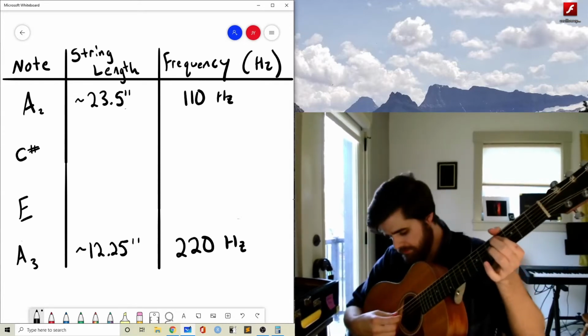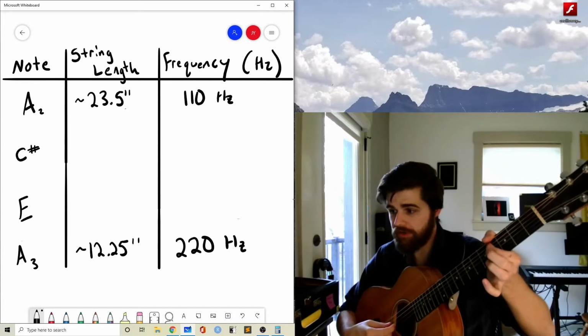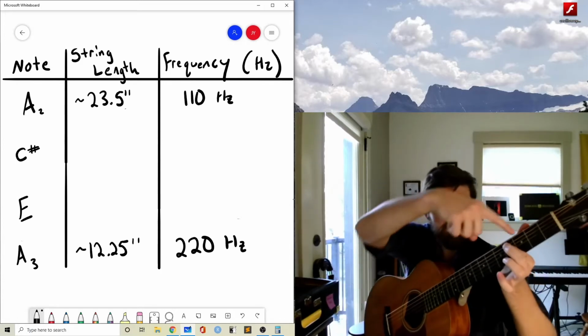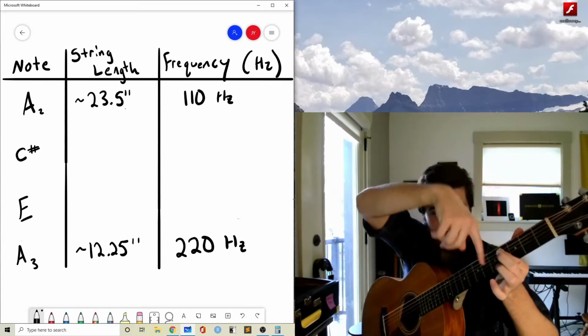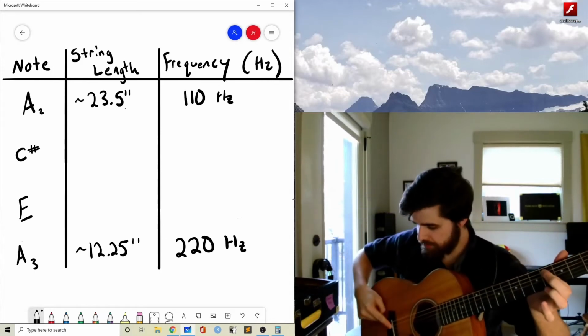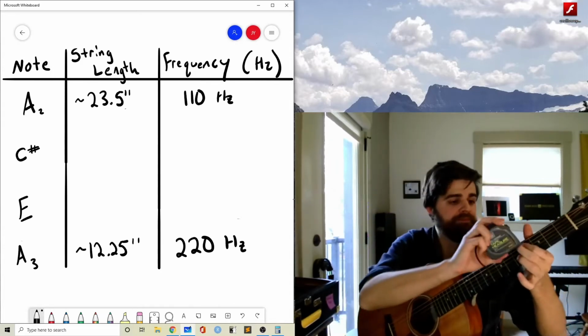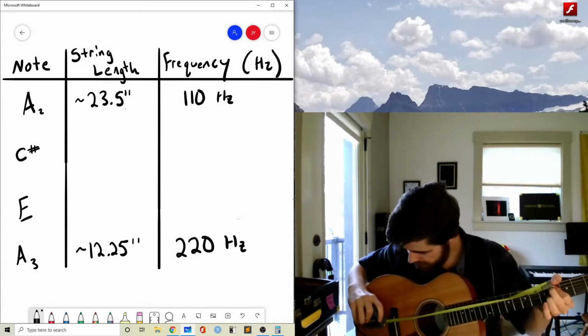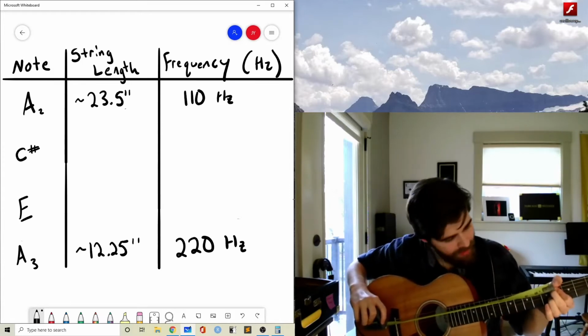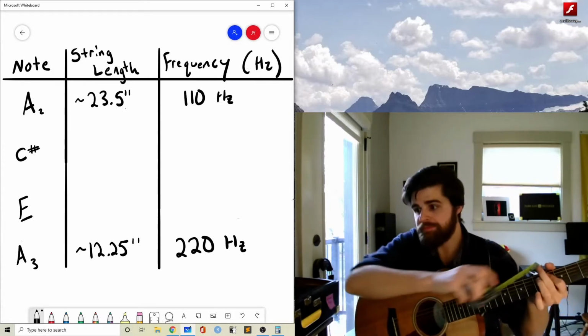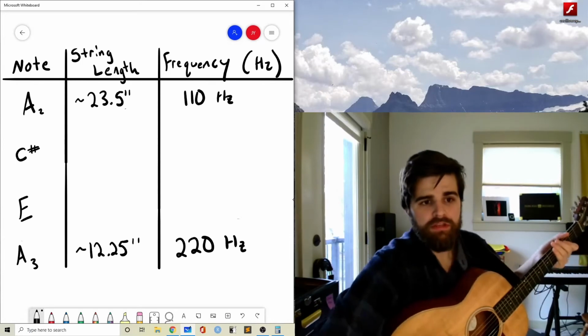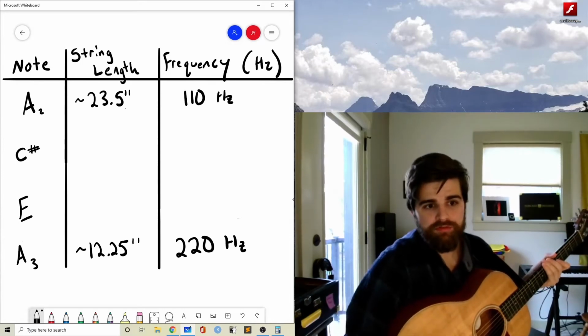Again, the whole point with the guitar is I'm holding down this fret here, which essentially kills the rest of the string down here. We're not using it, so we're just vibrating this part of the string. So if we measure that, we get right at 19 inches. So the length of our string to produce a C sharp is 19 inches.